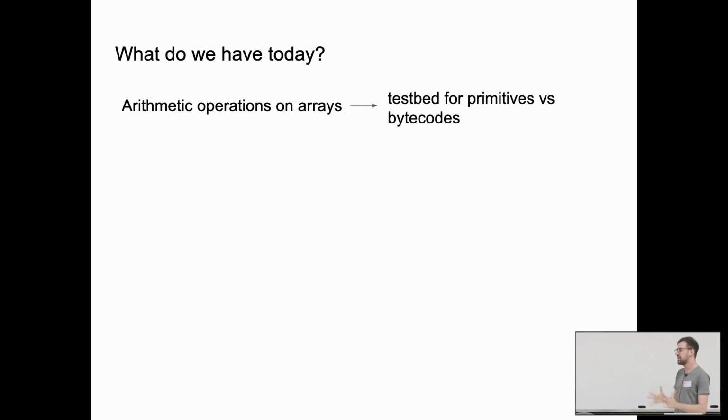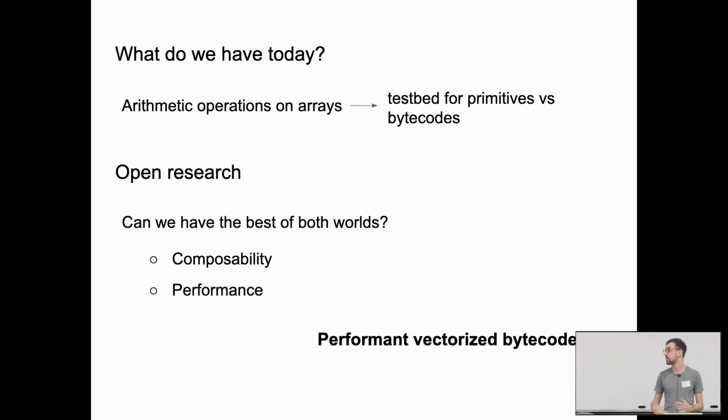Still, we work in the VM, which is sometimes low level, and we wish it wasn't always like that. It would be great to have some higher level bytecodes that we can compose, so we don't always need to work with assembly. So the open research we're doing now is: can we have the best of both worlds? Can we have bytecodes that are easy to compose, but still as performant as handwritten assembly?